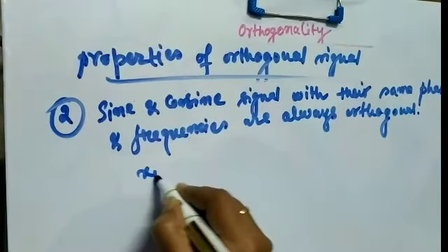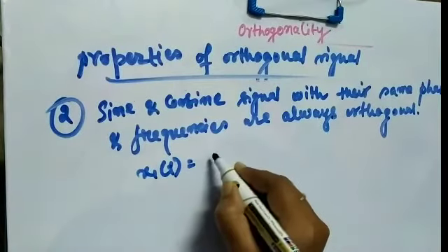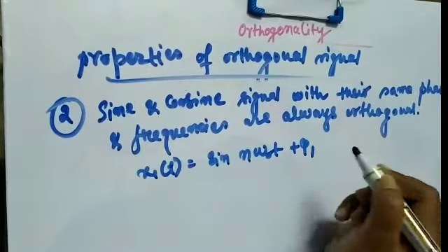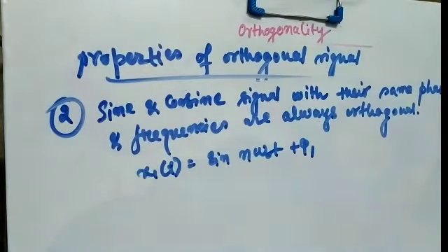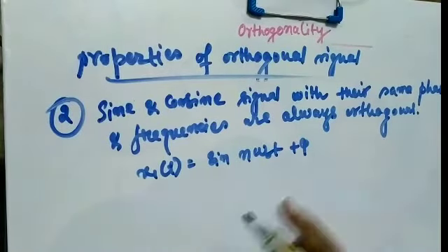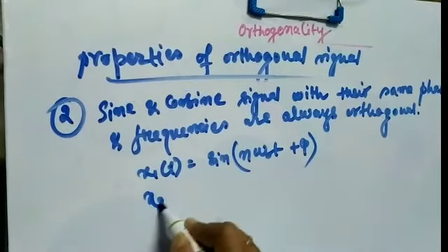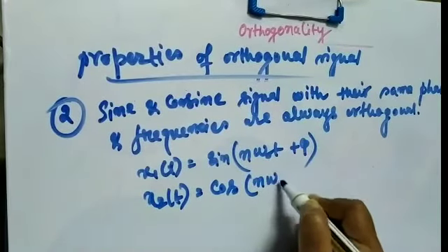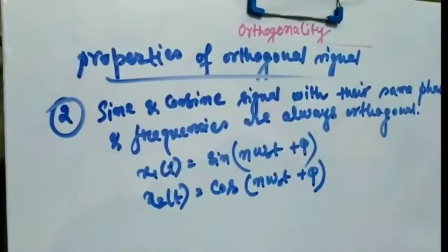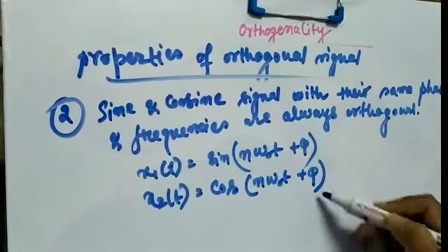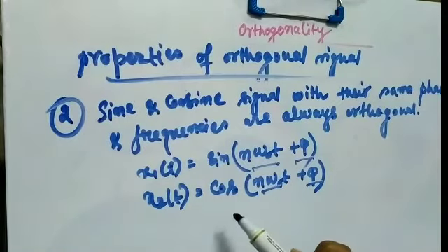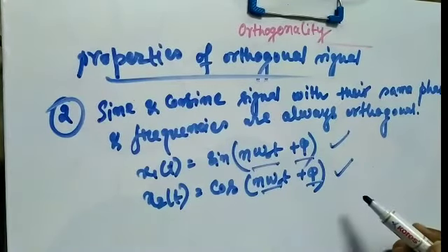Suppose we have x1(t) equals sin(n ω0 t + φ), and signal x2(t) will be represented as cos(n ω0 t + φ). You can see here in both cases the frequency and phase are the same, whereas one signal is sine and the other is cosine.